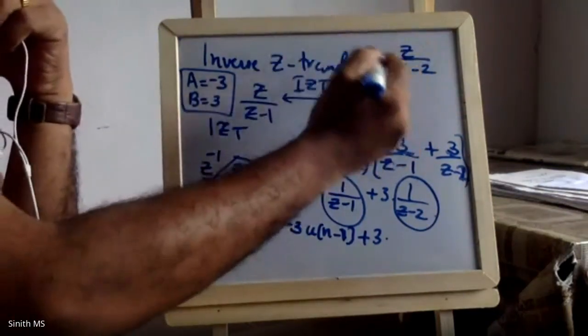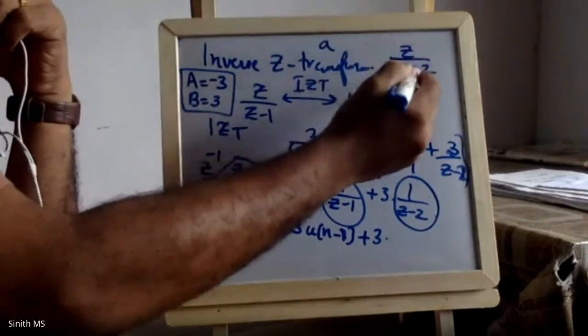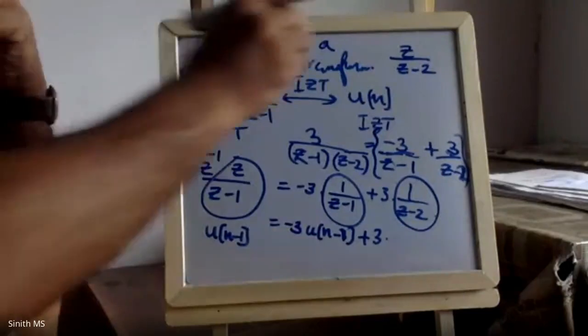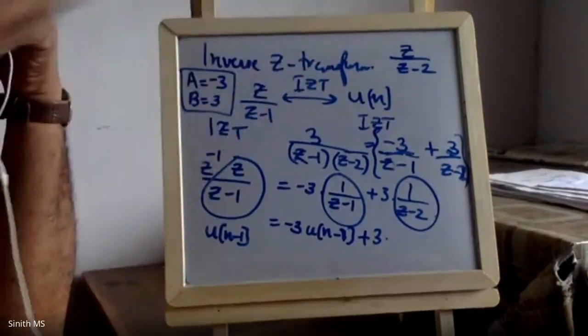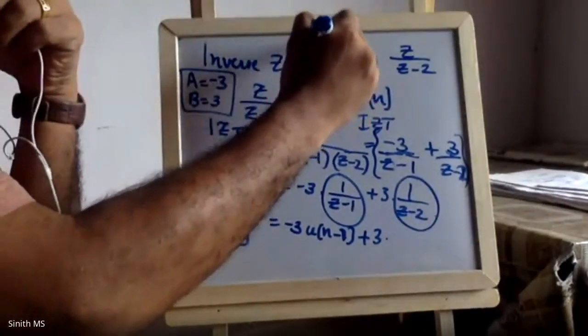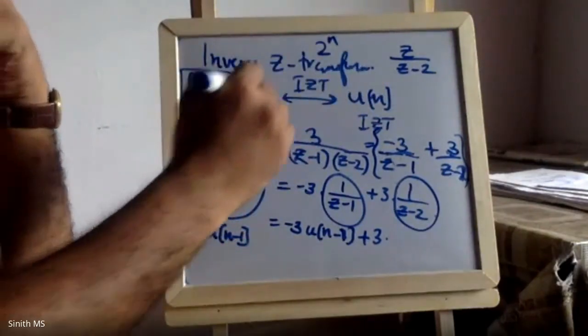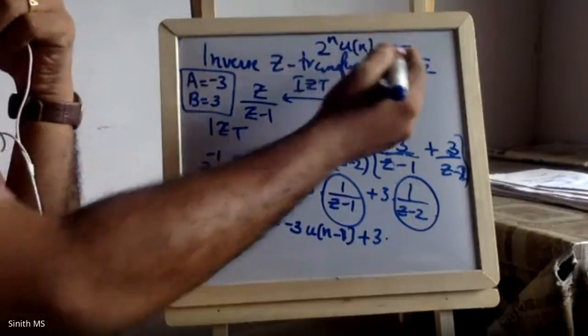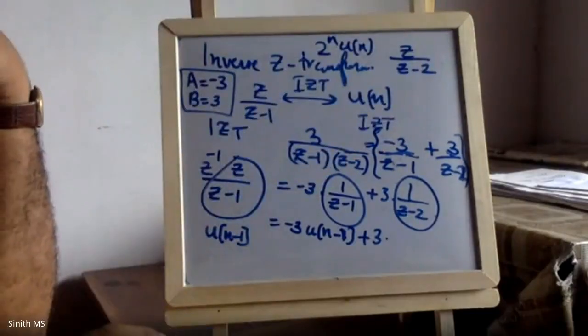So its inverse z transform is a raised to n. What is a here? It is 2. So you have 2 raised to n u of n. This is the inverse transform of z by z minus 2.